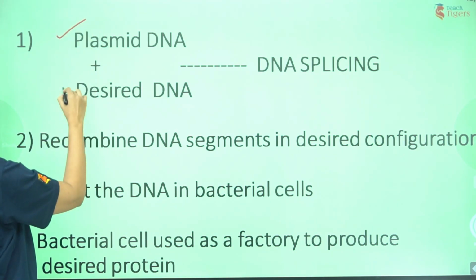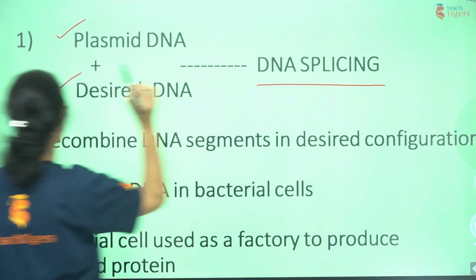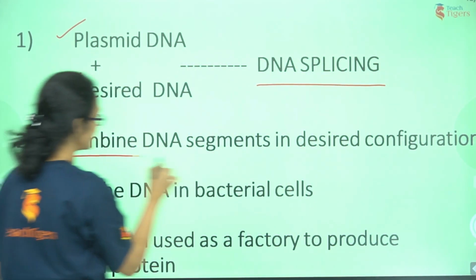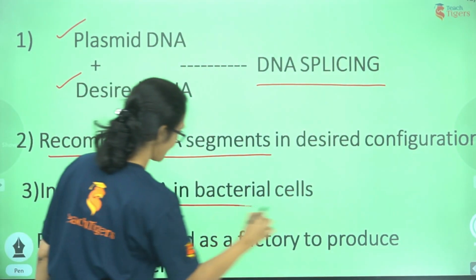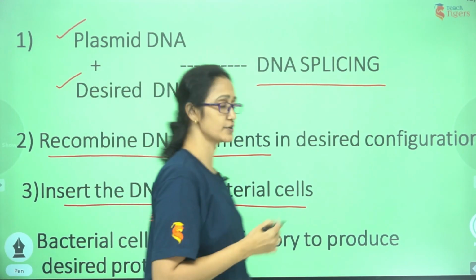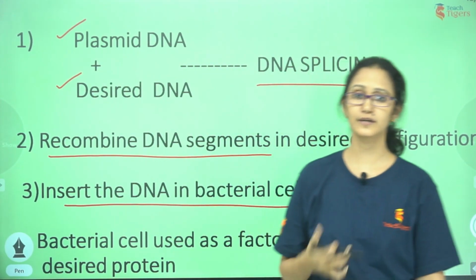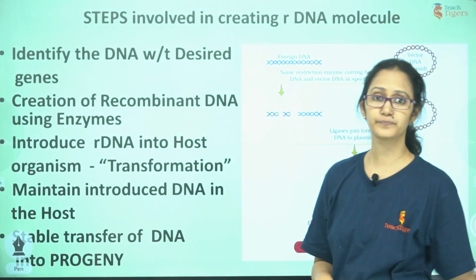Isolation of plasmid DNA and isolation of desired DNA, splicing the DNA, that is chopping off the DNA, and recombining both the fragments of DNA, inserting it into the bacterial cells and making use of the bacterial cell to produce a particular product due to the desired genes. Right?